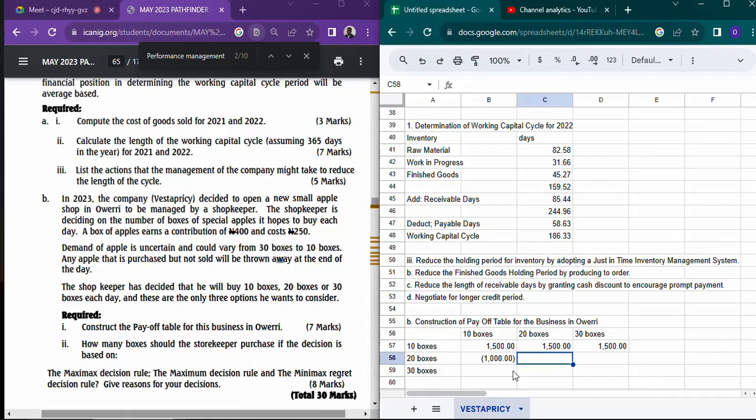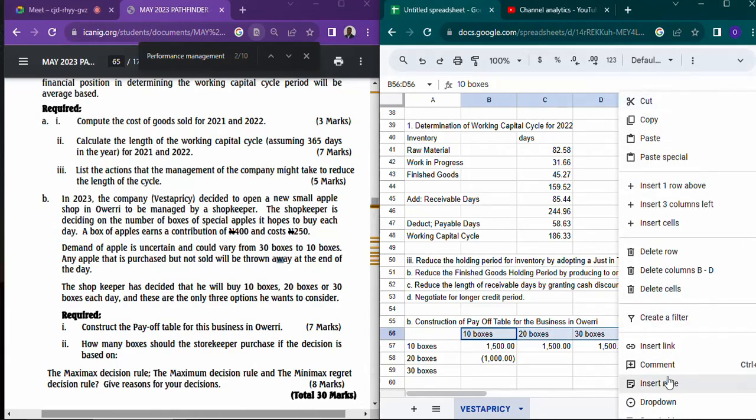Do you understand? Yes, but I do not see where it is stated there that it can only sell 10. Because of this heading. You know this heading here is the demand heading, the selling heading. Let me put a comment here.